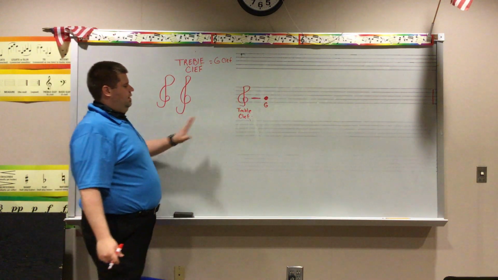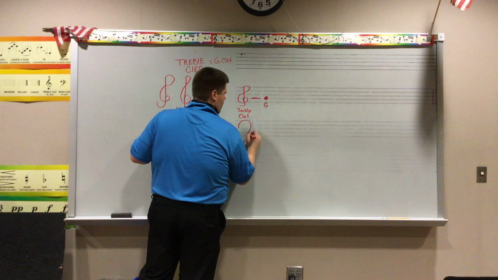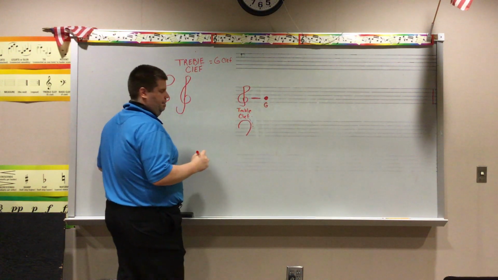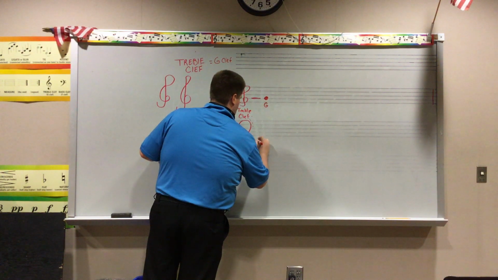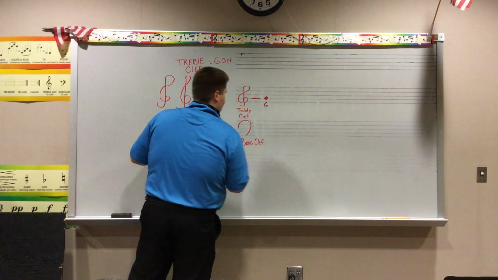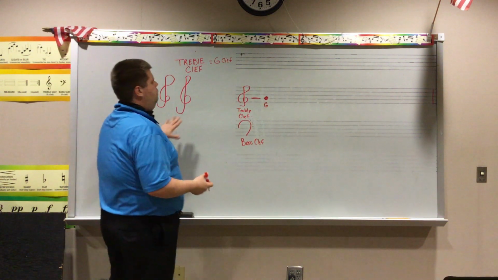Our second clef is called a bass clef, okay? Now the bass clef is more of the lower clefs, or it's the lower pitches. So think of the treble clef.